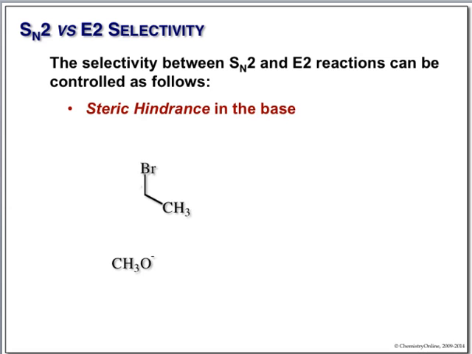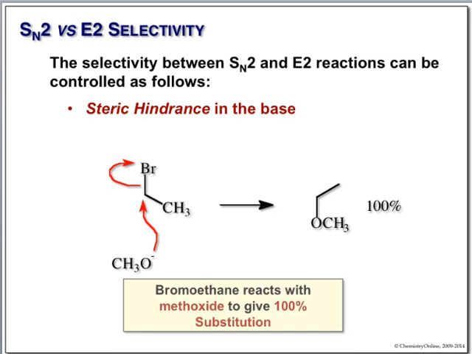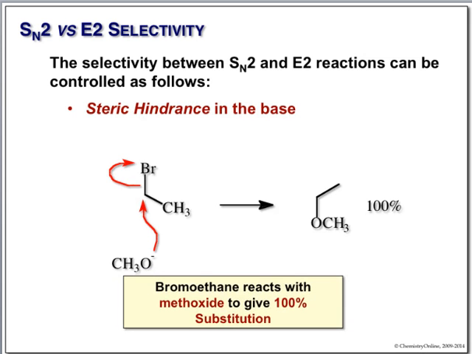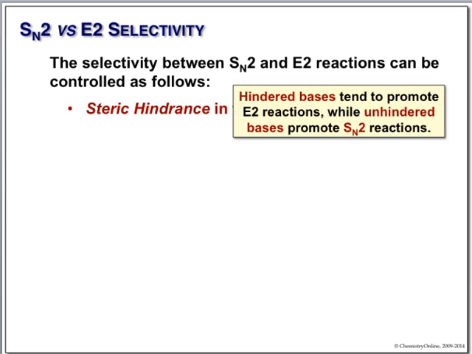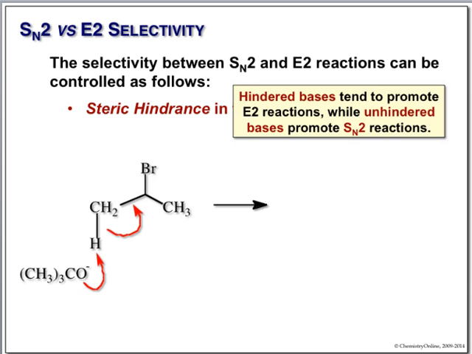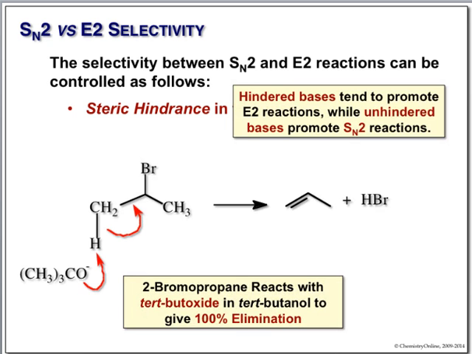Here's just an example of what we just said. Here, methoxide can attack, virtually 100% yield. If we have tert-butoxide, instead of attacking here, what happens is we are prone to pull off the hydrogen and get the alkene. Again, this is virtually 100%.